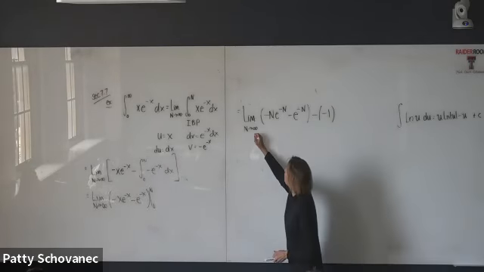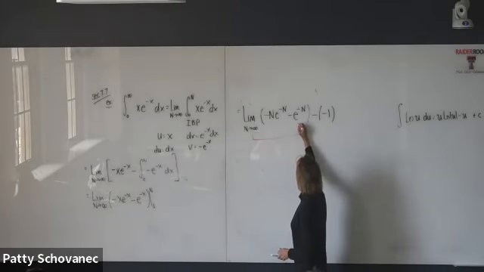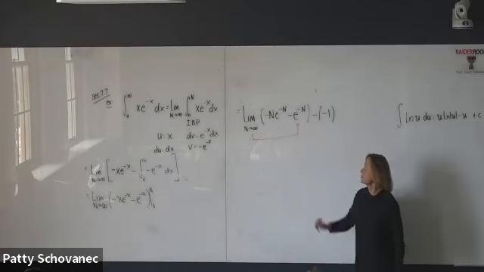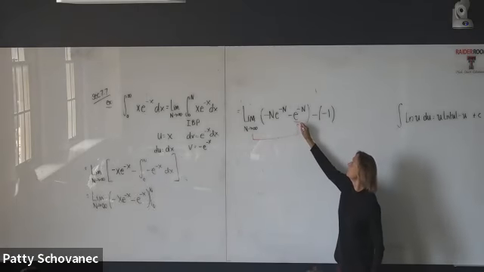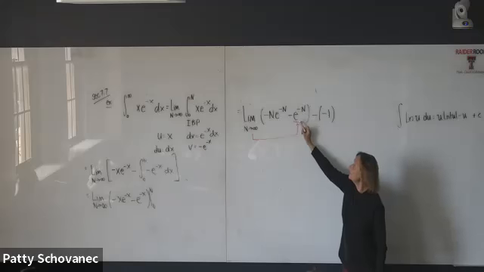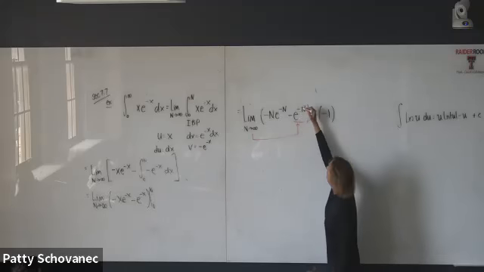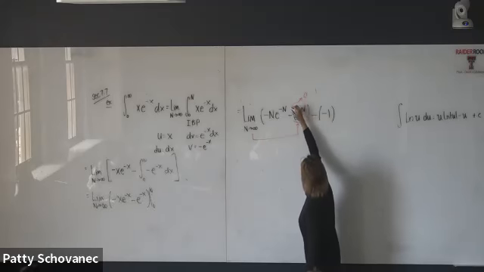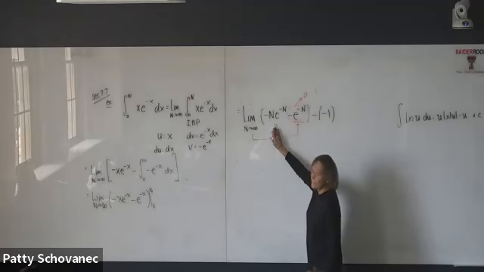This limit we can do right here. It's this last term. As n goes to infinity, this behaves like e to the minus infinity, which is 0. That goes to 0. So this limit is 0. That goes to 0, but this doesn't.